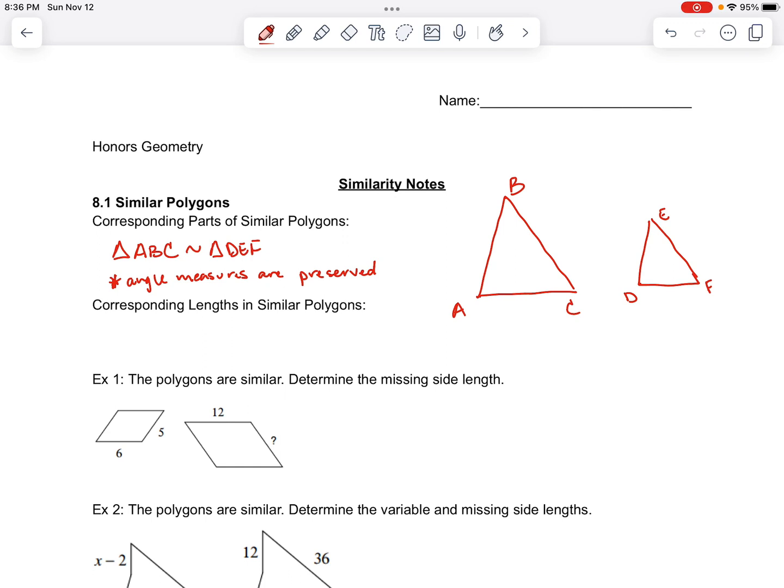Sorry, my fault. Kind of like how we've done this before, the prime over the original. So in our situation, we'd have DE over AB is going to be the same ratio as EF to BC and DF to AC. This is also known as your scale factor.